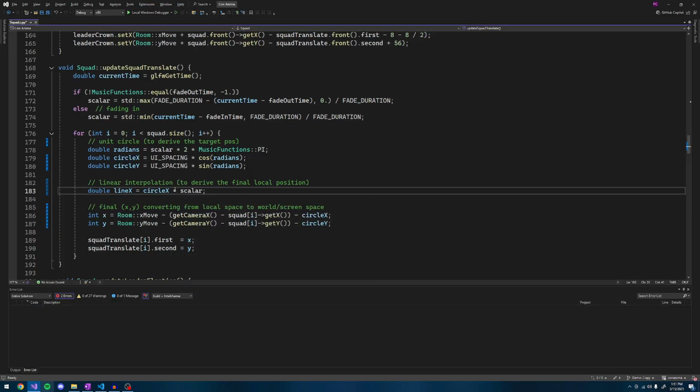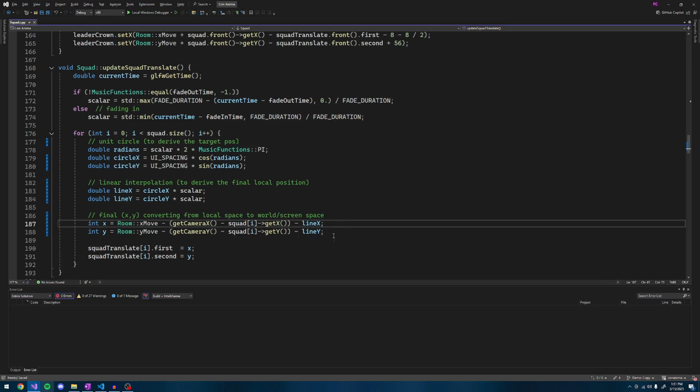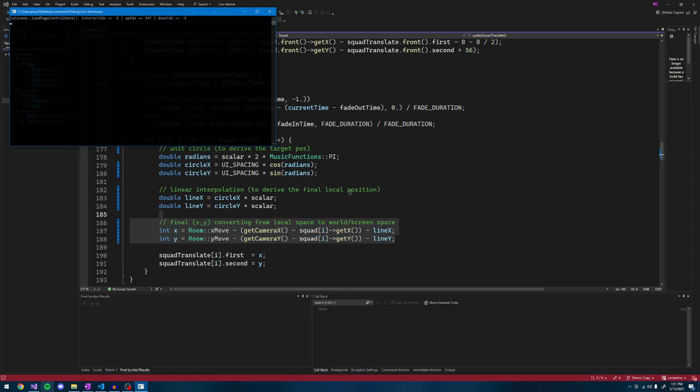And the scalar is what will cause that growing motion, remember? Similarly with line y, we can multiply circle y by the scalar. And now, when we change this and input the values, we should be able to actually see the spiral starting to come together.